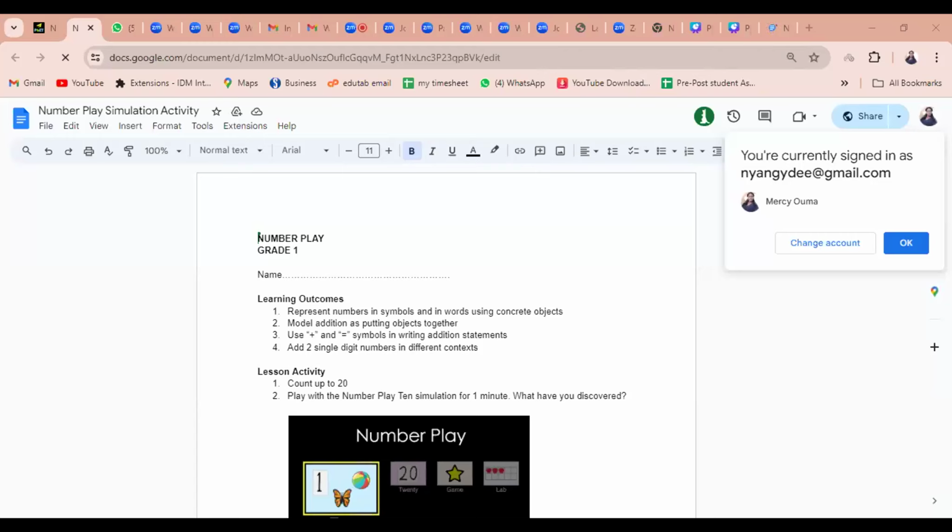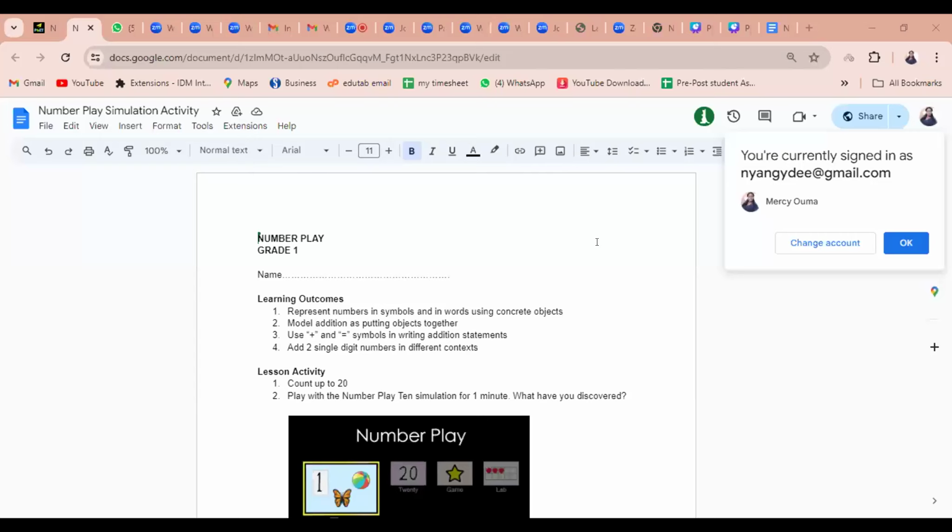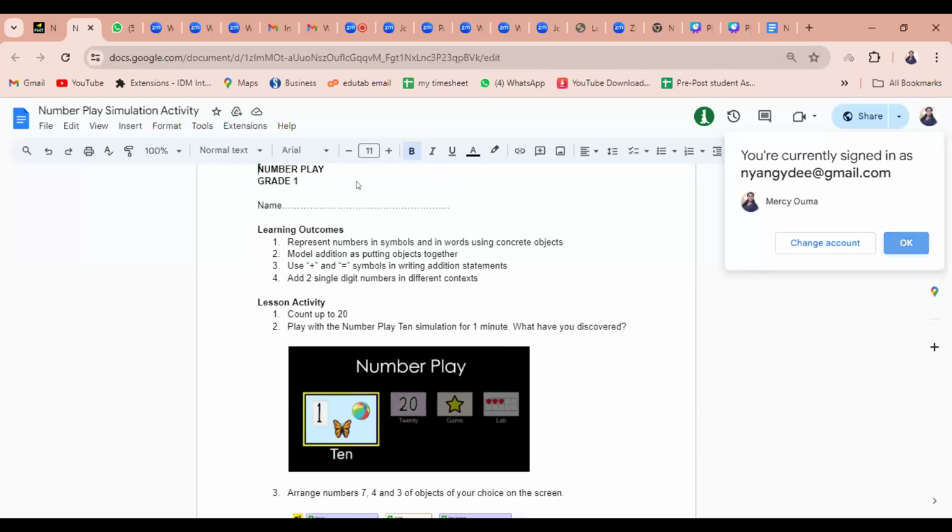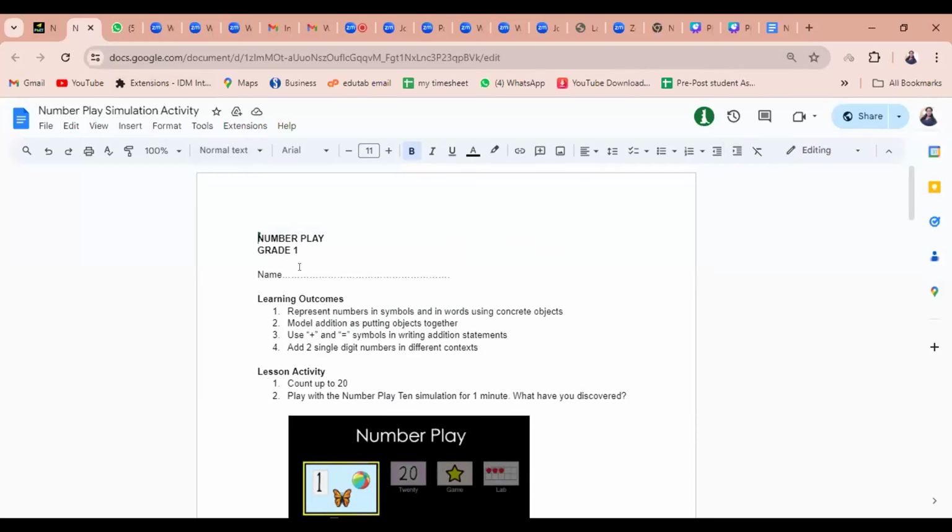Let me just try resharing again. Are you able to see my screen? It is loading. Now we can see Google Doc, number play grade 1. Okay, so there's the number play.